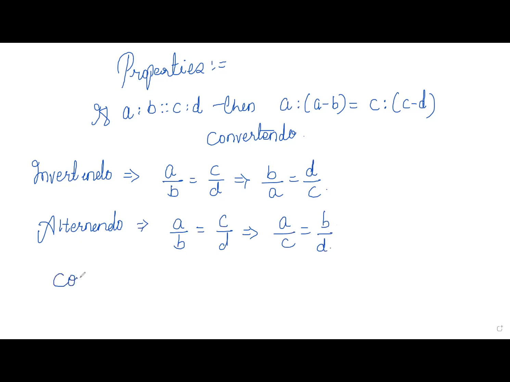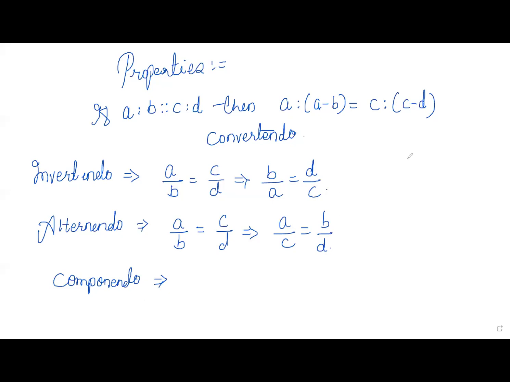Then componendo. Who will tell me componendo? Componendo will be: if A by B is equal to C by D, then A plus B by B is equal to C plus D divided by D. This is called componendo.